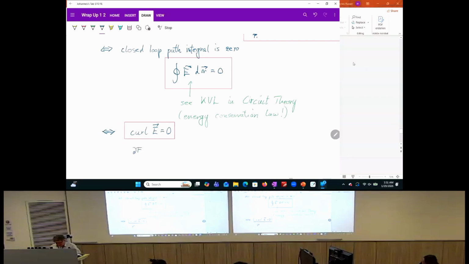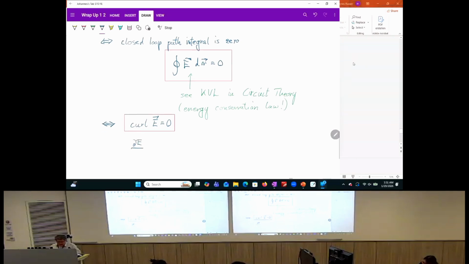That also means, in a Cartesian coordinate system, that the partial derivative of the k component of the electric field with respect to x sub j is the same as the partial derivative of E sub j with respect to x sub k.